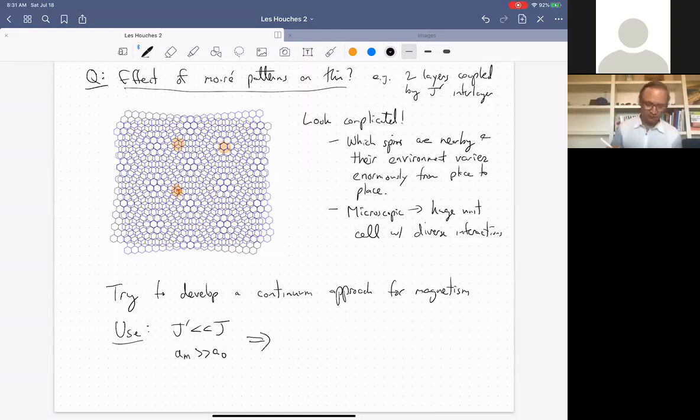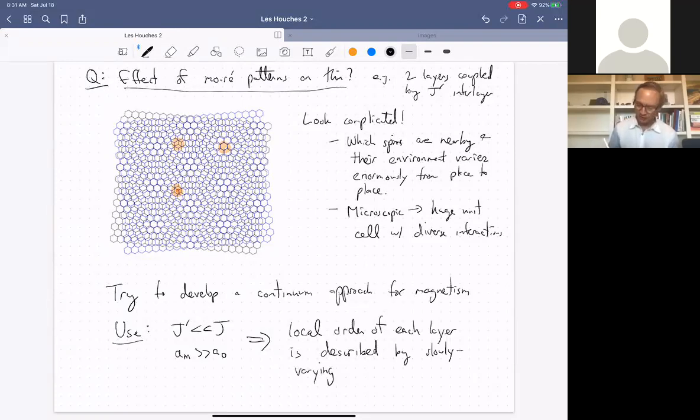So under these two conditions, we know that the local order of each layer should be described by the order parameter for the magnetism that would occur if that layer were isolated. Here, by a slowly varying Néel vector, it's slowly varying because of the long Moiré scale.